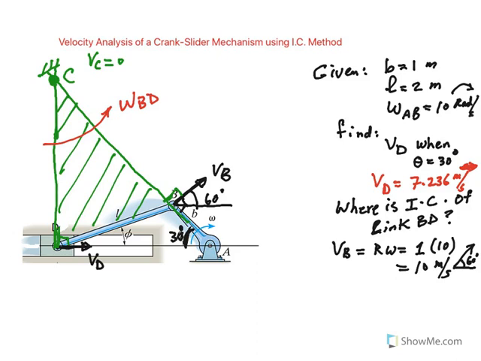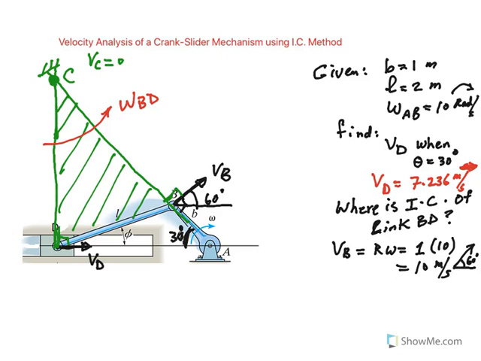How do we use this information now to find the velocity of D? First, we find omega BD. Once we have omega BD, then we can find the velocity of D. Remember, the concept of instantaneous center is that once you locate that point, the body is in pure rotation about that imaginary point, and then the problem becomes very easy.